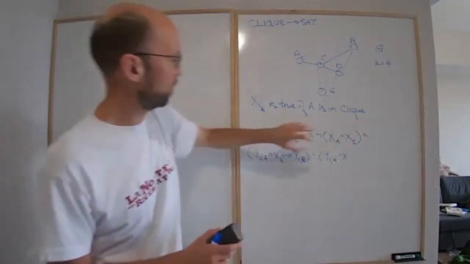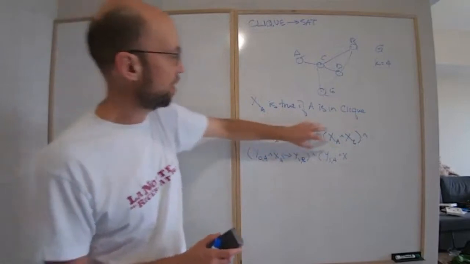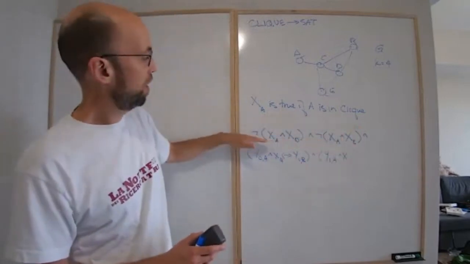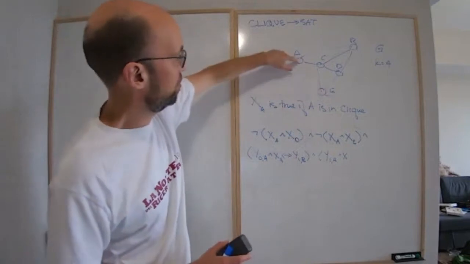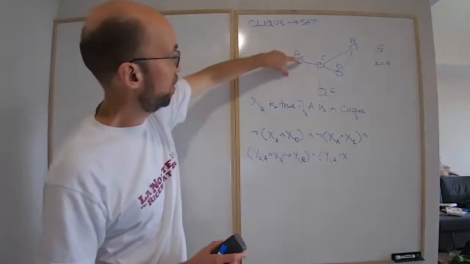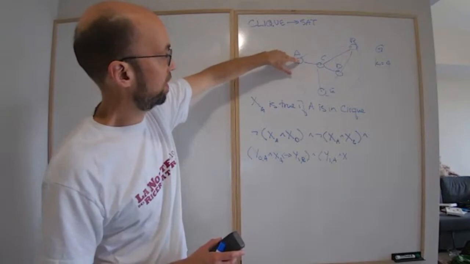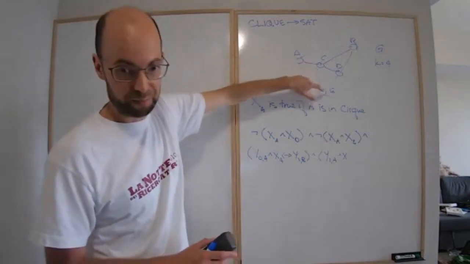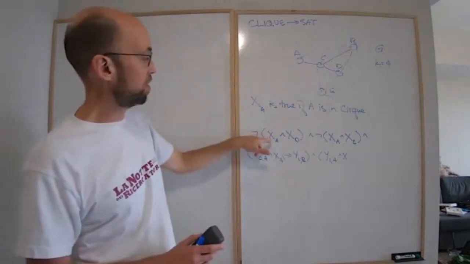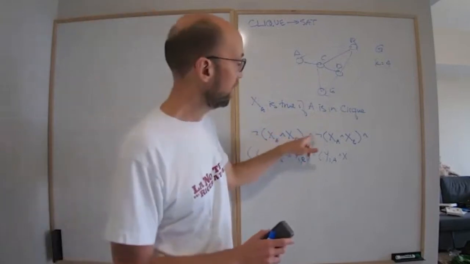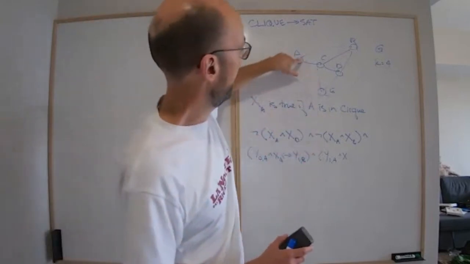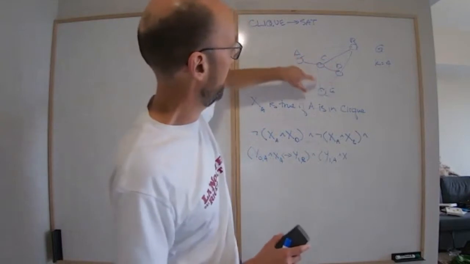So you understand for each edge that's not there, I'm going to put a little thing that says, I consider the endpoints of that missing edge, and I say, if one of these guys is in the clique, the other one isn't. Okay, so I can't have both XA and XD. And I can't have XA and XE.